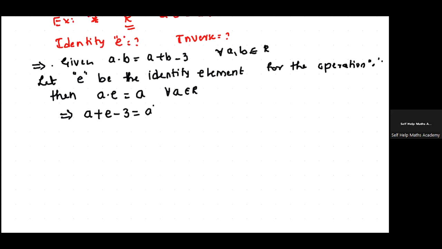So E minus 3 is equal to 0, so simply E is equal to 3. Therefore E equal to 3 is the identity element. This is our identity element.